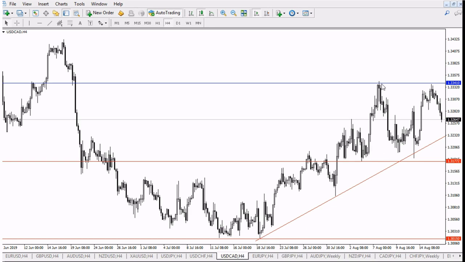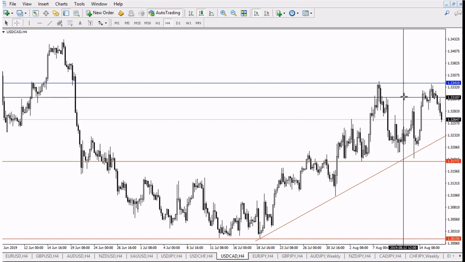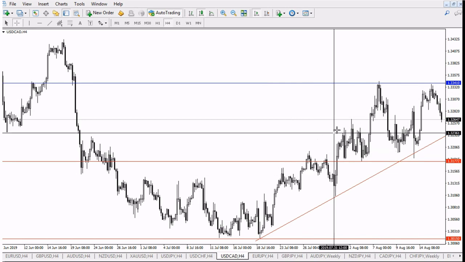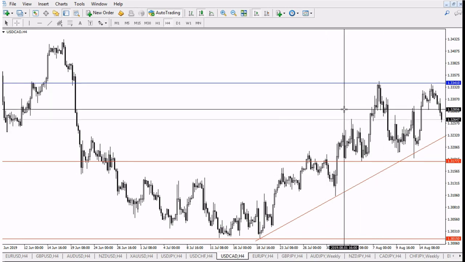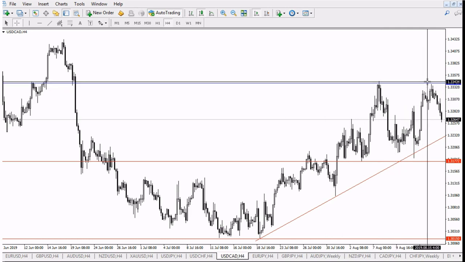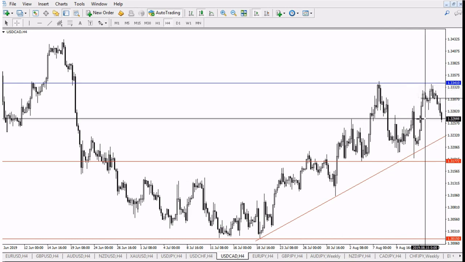For this uptrend to have continued, the market was supposed to overtake this high, as these highs have overtaken previous ones. But just before this week ended, we had another test of resistance before the market went down again.